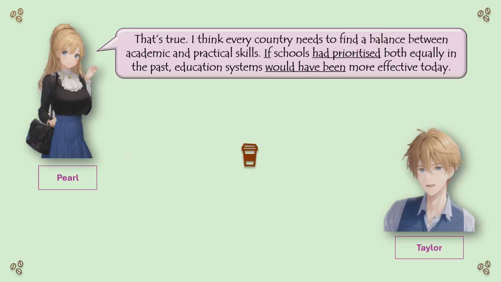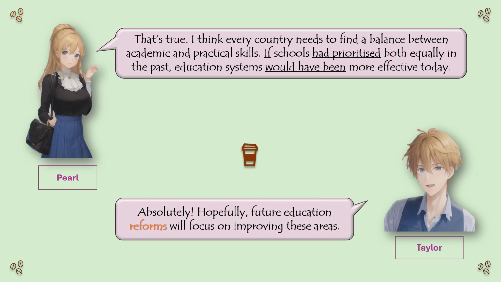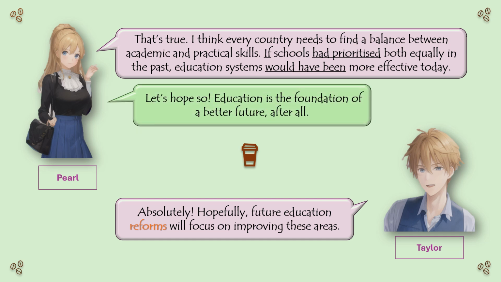I think every country needs to find a balance between academic and practical skills. If schools had prioritized both equally in the past, education systems would have been more effective today. Absolutely. Hopefully, future education reforms will focus on improving these areas. Let's hope so. Education is the foundation of a better future after all.